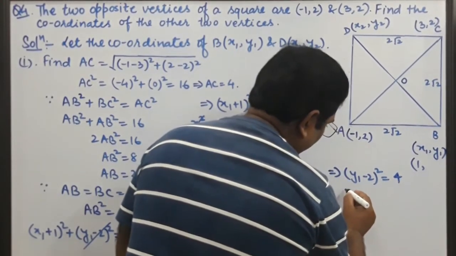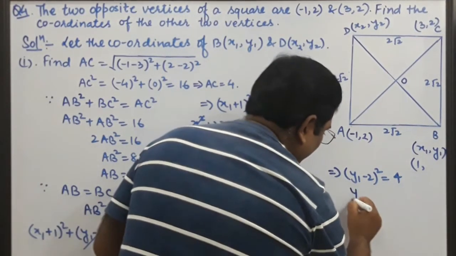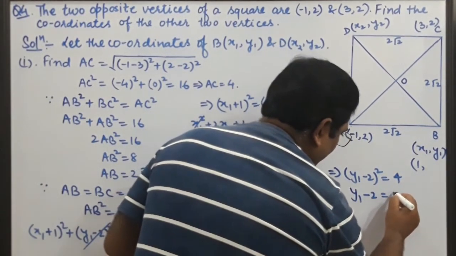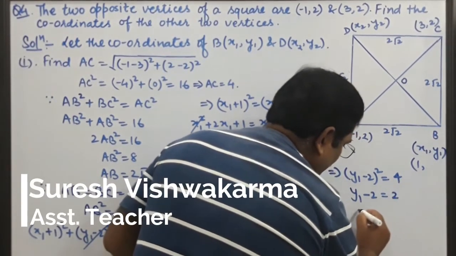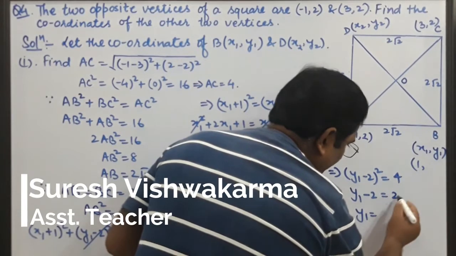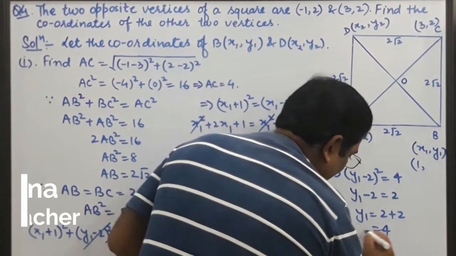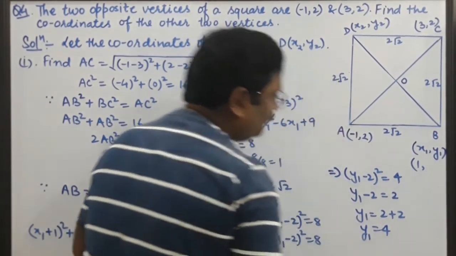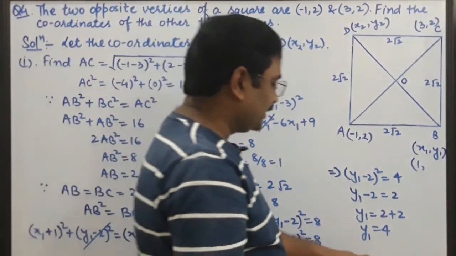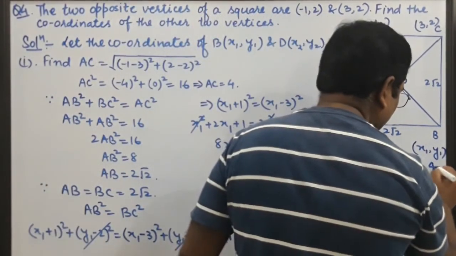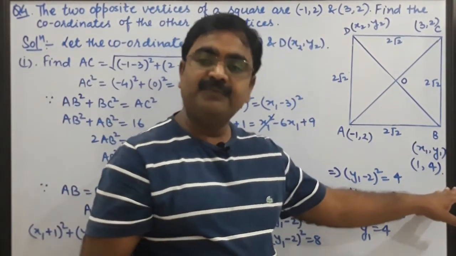Therefore y1 minus 2 equals to square root of this, which is 2. So y1 is equal to 2 plus 2, which is 4. The value of y1 came 4, right? As the value of y1 came 4, we got the coordinate of point B, which is 1, 4.